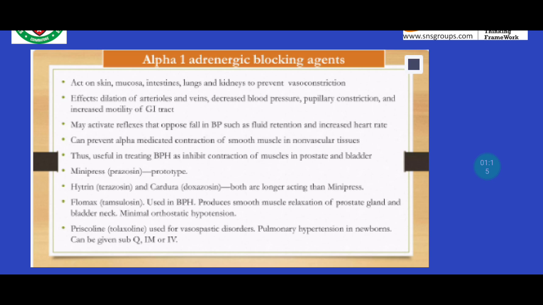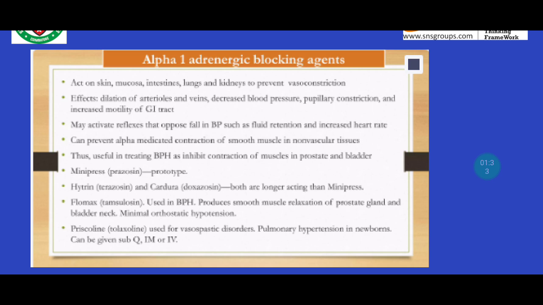Examples are prazosin, terazosin and doxazosin, and these two are longer acting than prazosin. Now we are going to see examples.